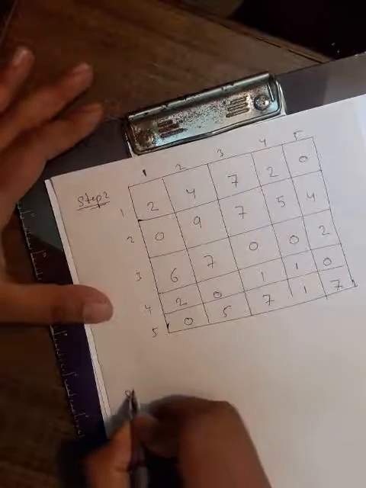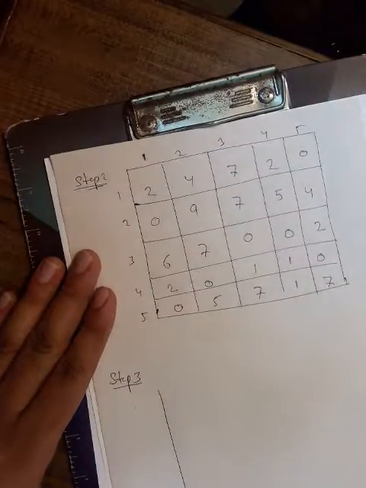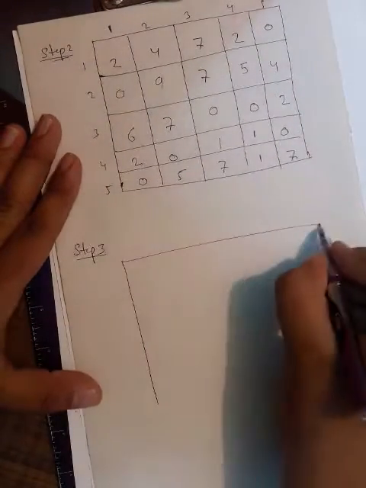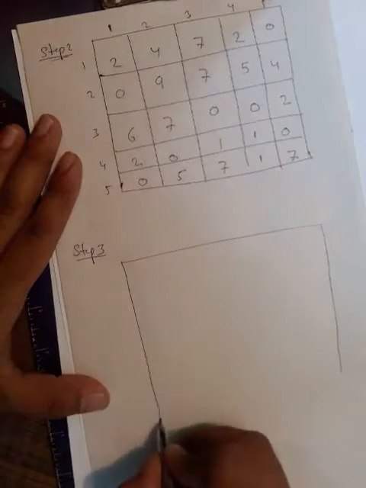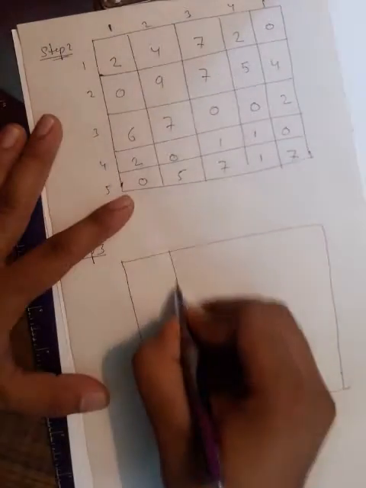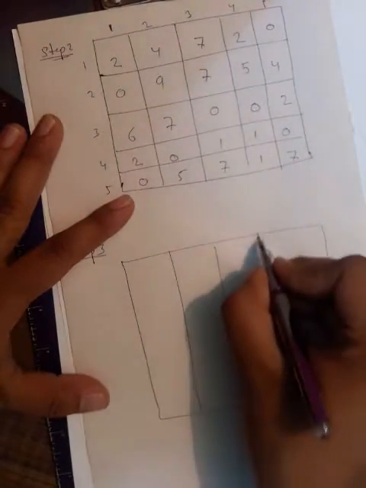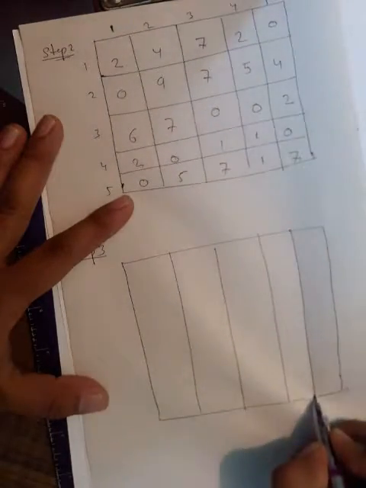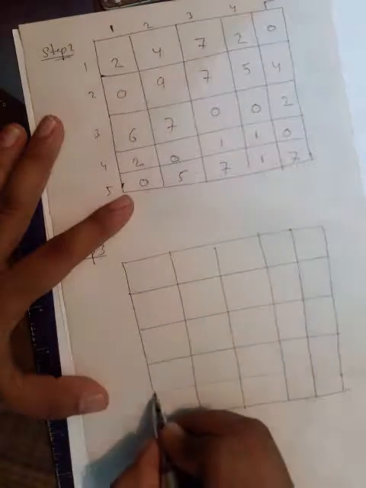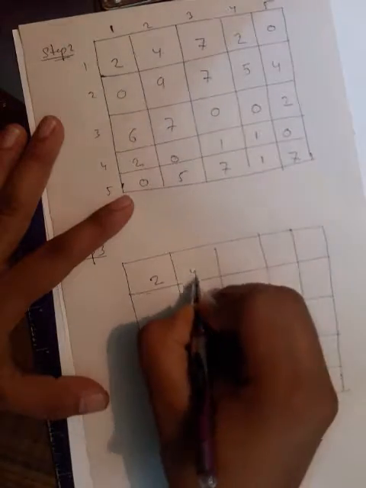Okay, now in step 3, write the matrix as it is. Write the matrix as it is. 2 4 7 2 0.